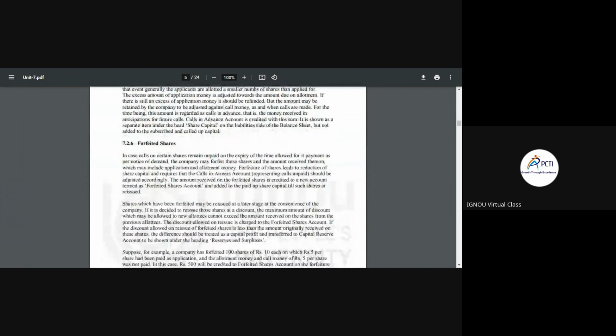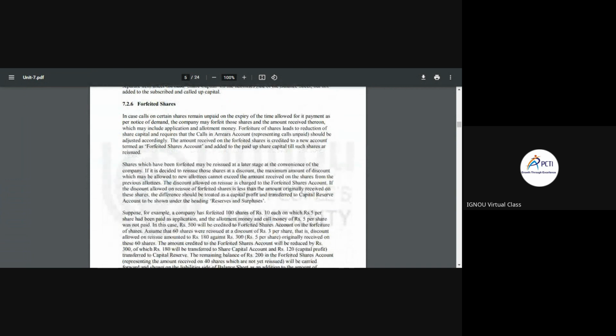Then we have forfeited shares. For the particular subscriber who did not pay the call money or any allotment money, that means that person did not pay the total amount to us, then those shares will be forfeited and the amount will be transferred to the forfeited share account.